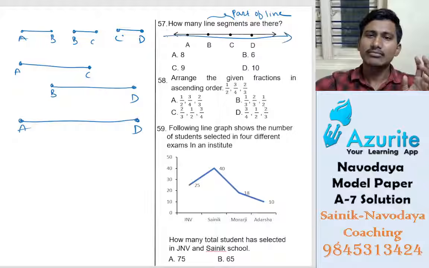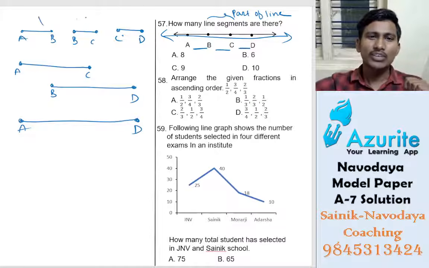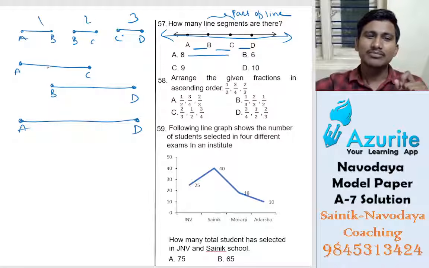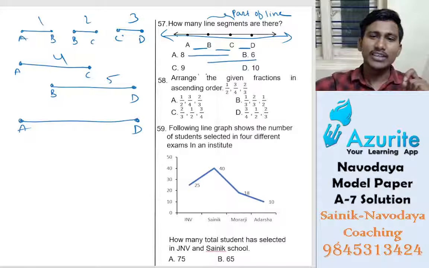Let us see. Here A, B, C, D are there, right? A to B is 1, B to C, then C to D, that is 1, 2, 3. After that A to C, then the fourth one. Next B to D, the fifth one. Next A to D, the full one.